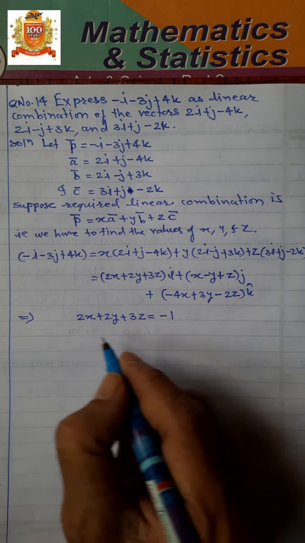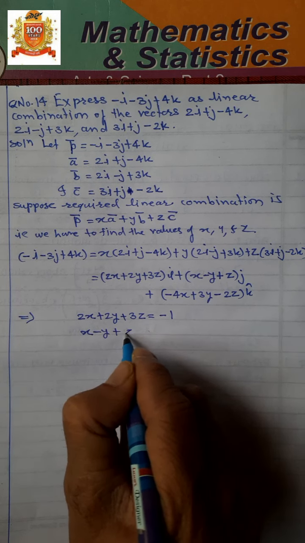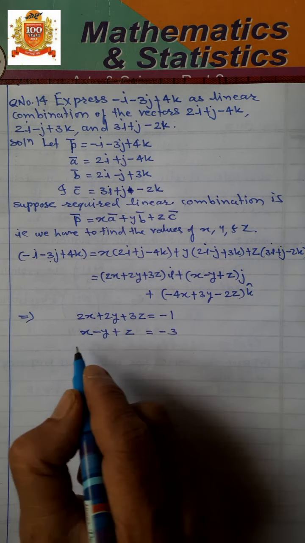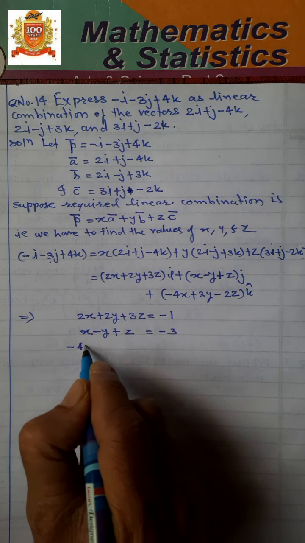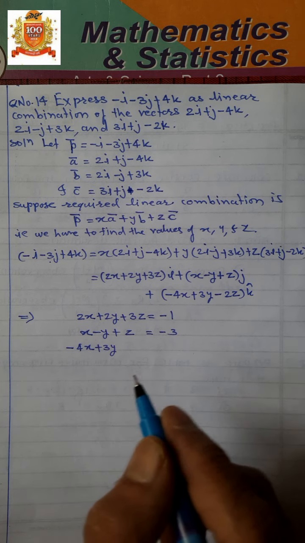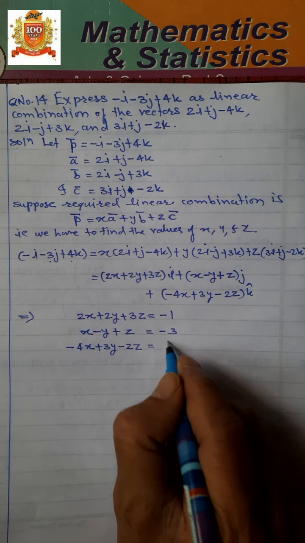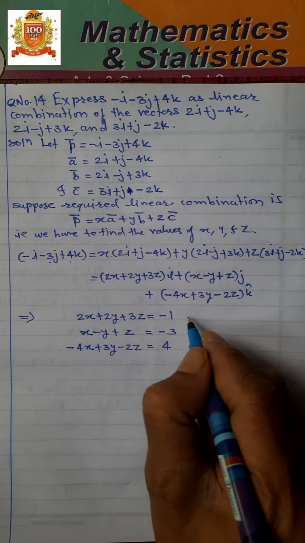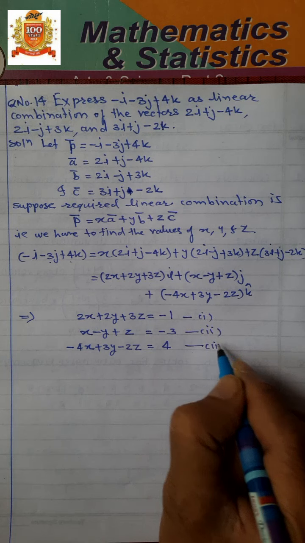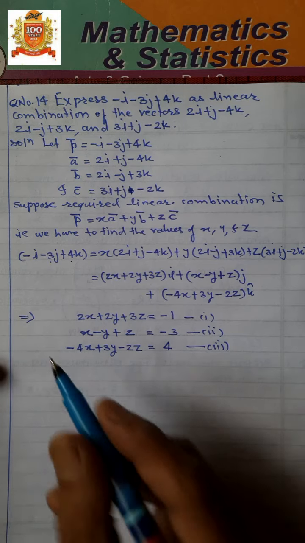Comparing the coefficients, x minus y plus z is equal to minus 3 and minus 4x plus 3y minus 2z is equal to 4. These three equations we will get as 1, 2 and 3.